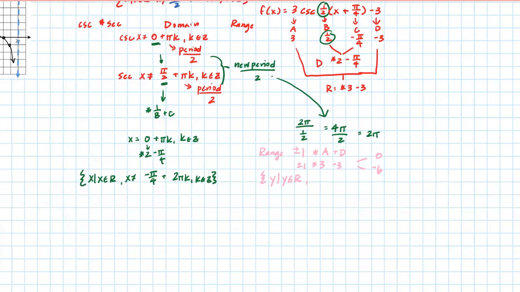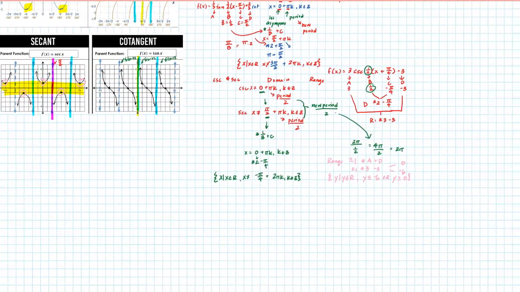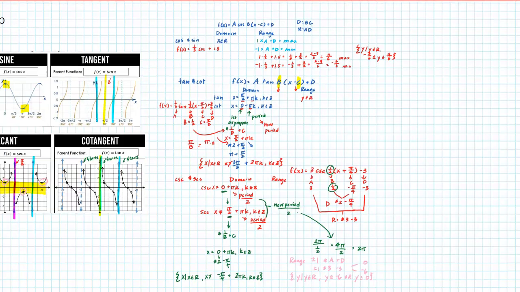It's less than or equal to the smaller of the values, or greater than or equal to the larger of the two values. Okay? I hope this helped.